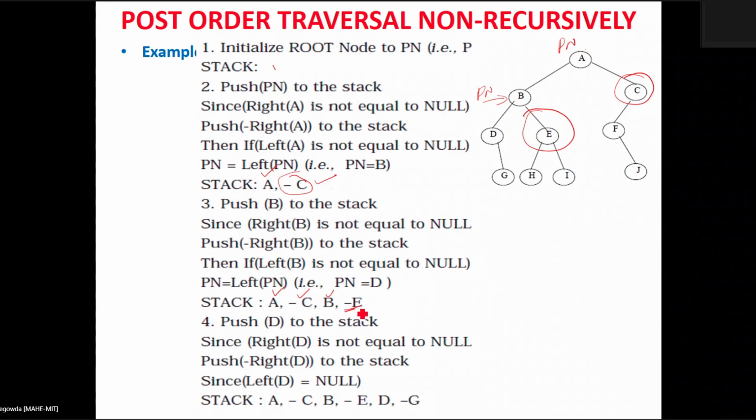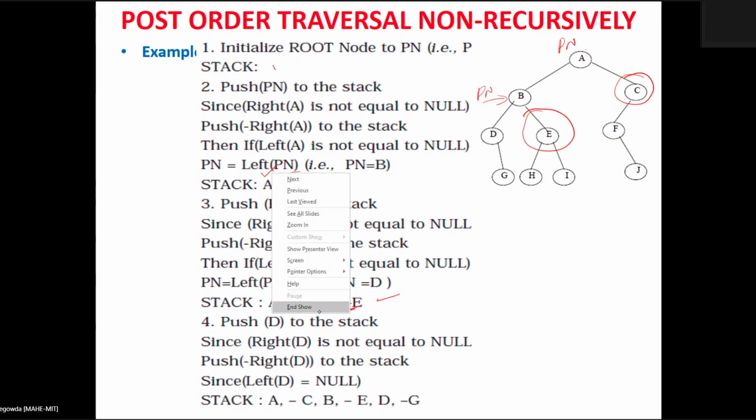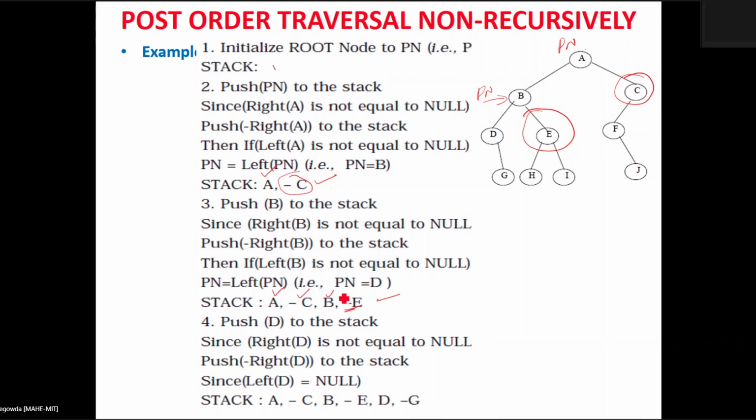At this point the stack holds the address for the root node A, the node C, node B, and the node F. Since the left subtree is not empty, Pn is updated.